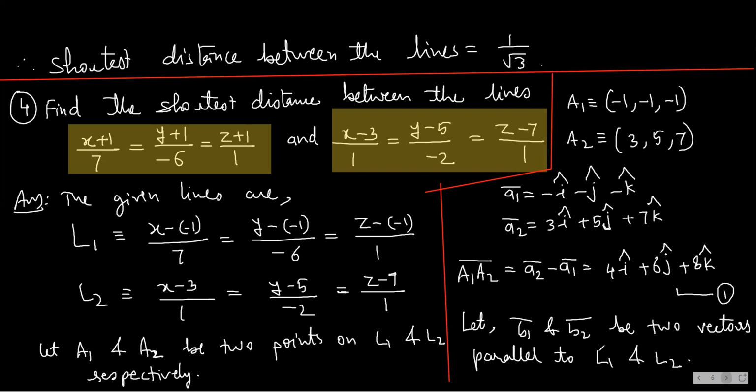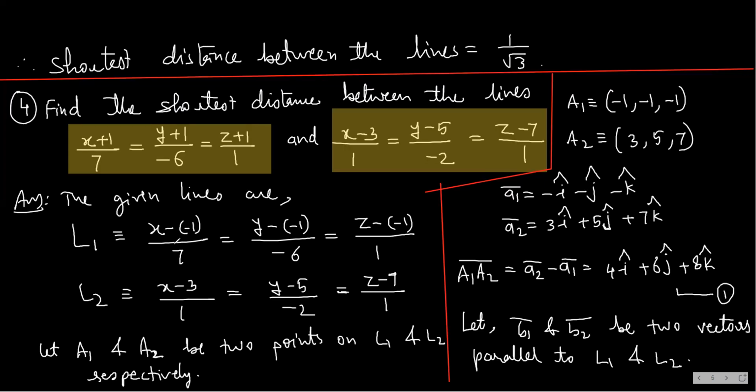Okay, so I have therefore b1 bar equals 7 i cap minus 6 j cap plus k cap. See how I wrote this vector? I wrote this vector from the DRs of L1. You see this? 7, minus 6, and 1.